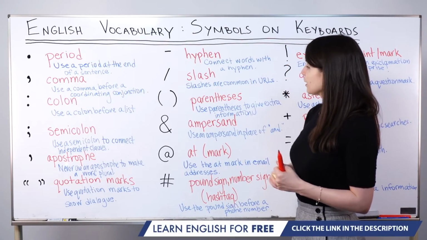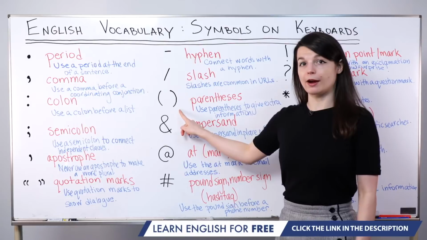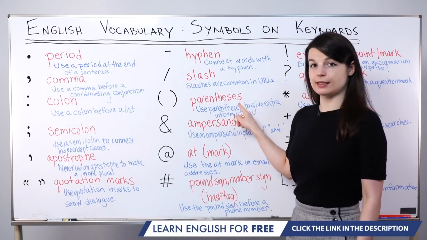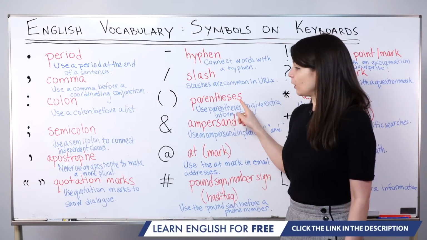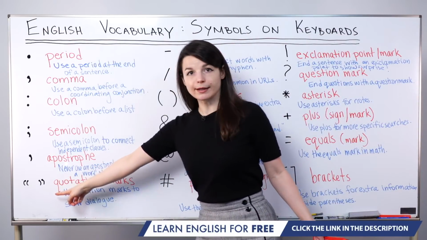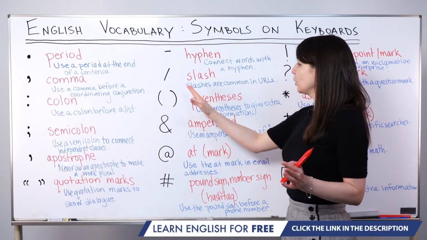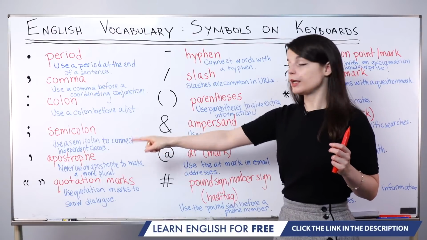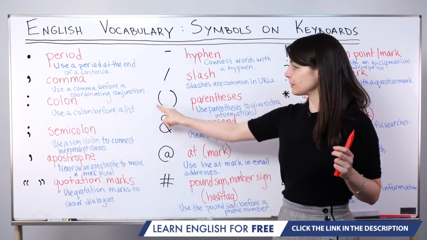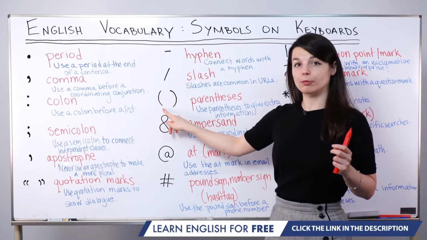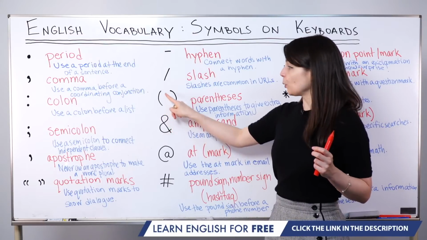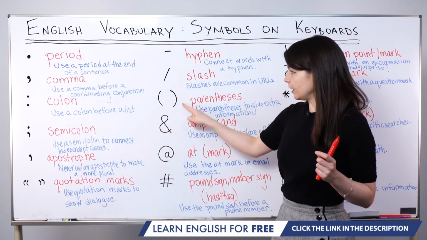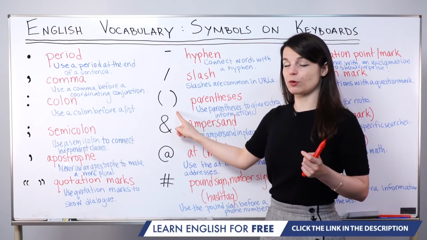Okay. Our next vocabulary word, again, it's a pair. These things are called parentheses. As I talked about with quotation marks, when we use parentheses, we need to use them in a pair. This one, just as with quotation marks, this one that's shaped like this is called the open parentheses. This is used when we begin sharing some extra information. This one is called the closed parentheses mark.